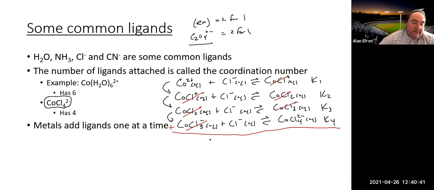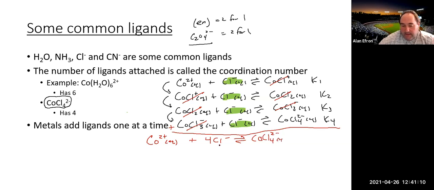That leaves us our overall reaction from the previous slide, which is cobalt plus, on the left-hand side, 1, 2, 3, and 4 chlorides, makes our CoCl4 2 minus. Any questions on that?